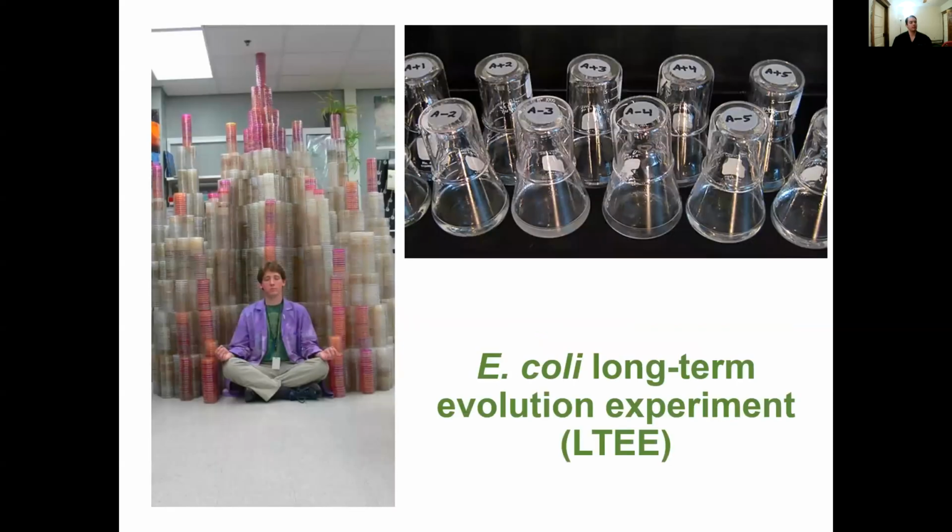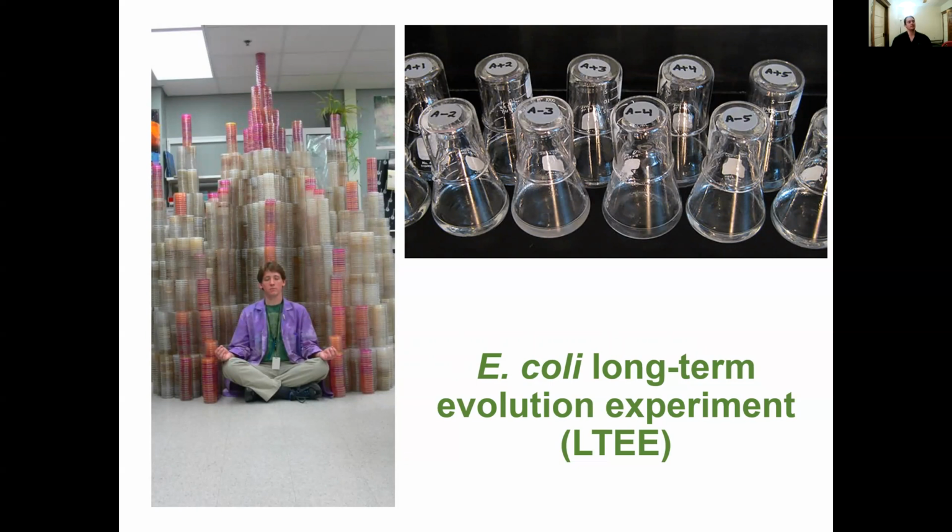So, case in point, there is an experiment called the E. coli long-term evolution experiment, or LTEE. This is an ongoing study on experimental evolution led by Richard Lenski that has been tracking genetic changes in 12 initially identical populations of asexual E. coli since 24 February 1988.